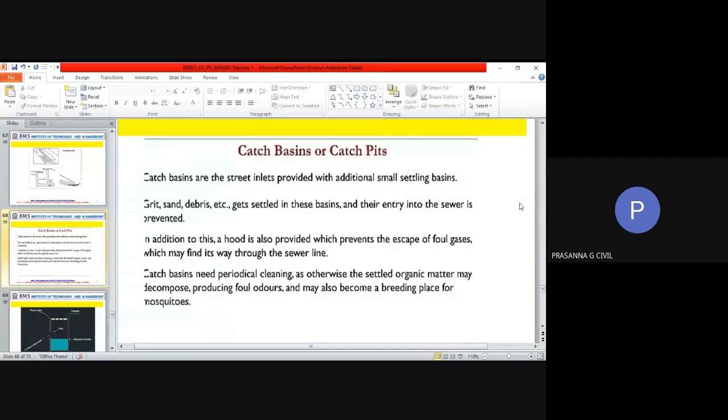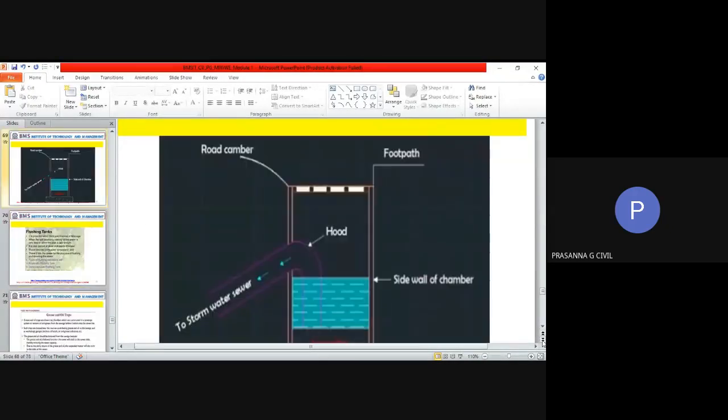A catch basin, or they call it a catch pit, is a special type of inlet in which the basin allows the grit, sand, debris, etc. to settle down, and only the storm water is allowed to escape, or only the water portion of it is allowed to escape into the sewer. I will show you the figure. This is the catch basin.